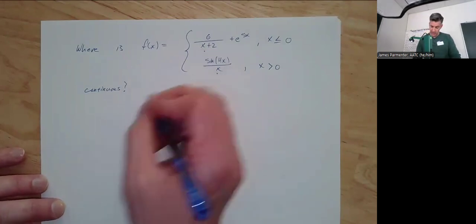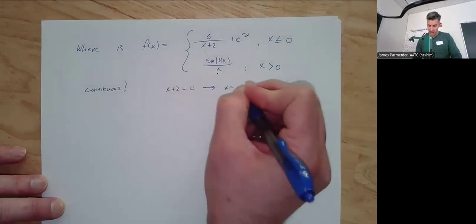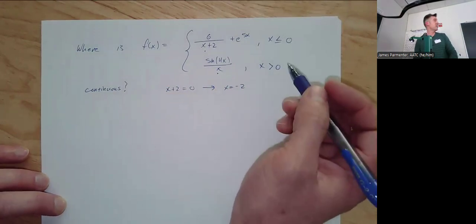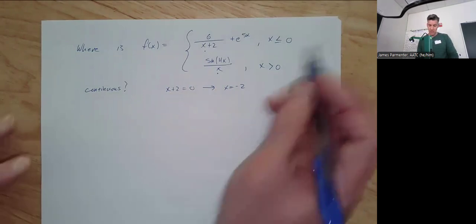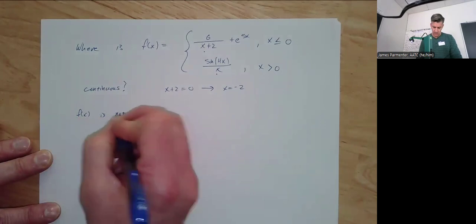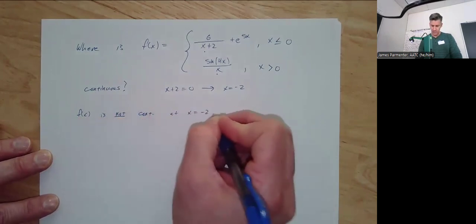If you set x plus 2 equal to 0, we see that x equal to -2, which is in this interval, is a place where this function is definitely going to not be continuous because it won't even be defined there. So we would say that f of x is not continuous at x equal to -2.